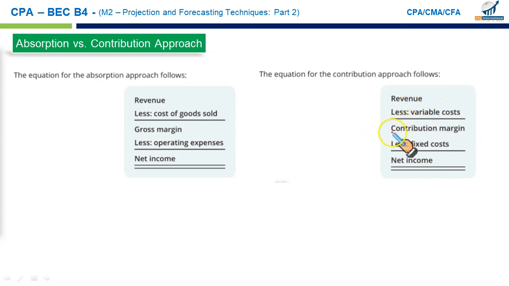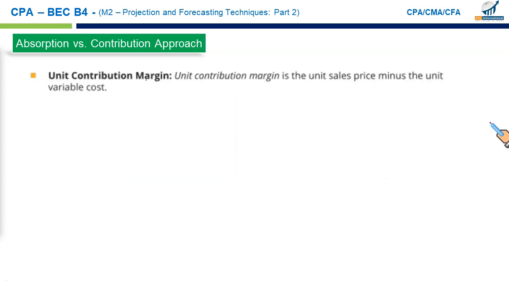Or in other words, if you divide your total contribution margin by the number of units sold, this will give you the unit contribution margin. So unit contribution margin is the unit selling price minus all the unit variable cost that we have just discussed.